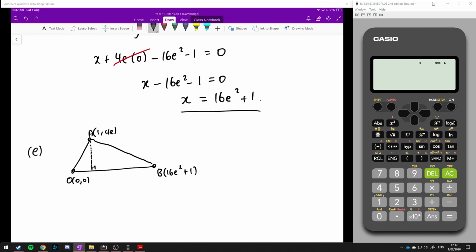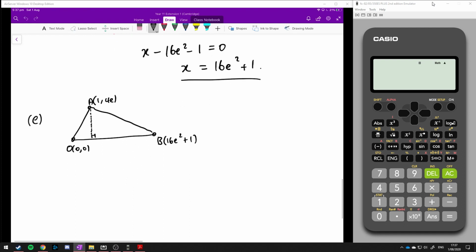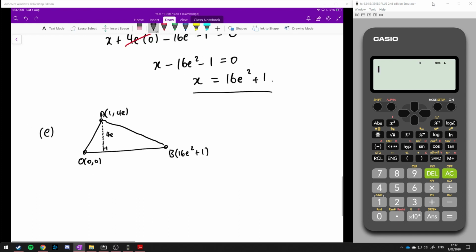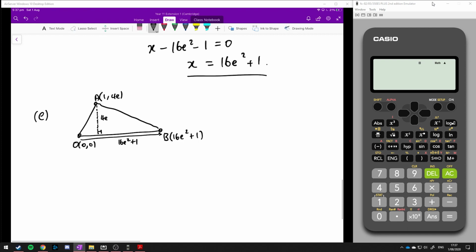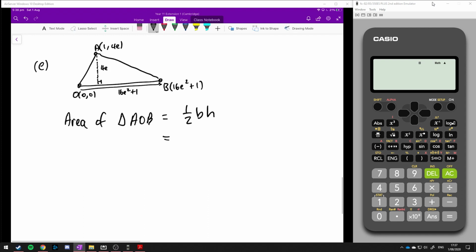Here's my triangle. Now, the area that I need to work out, well, we can see quite easily that this point here is 4e high, and from this 0 point across to here is 16e squared plus 1. So the area of the triangle AOB is equal to half the base times the height, just the regular triangle formula.